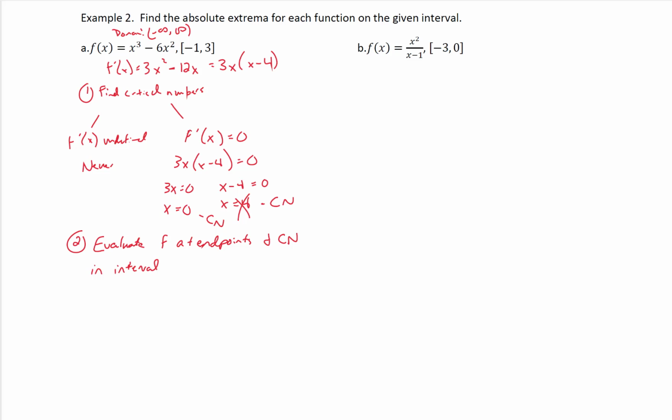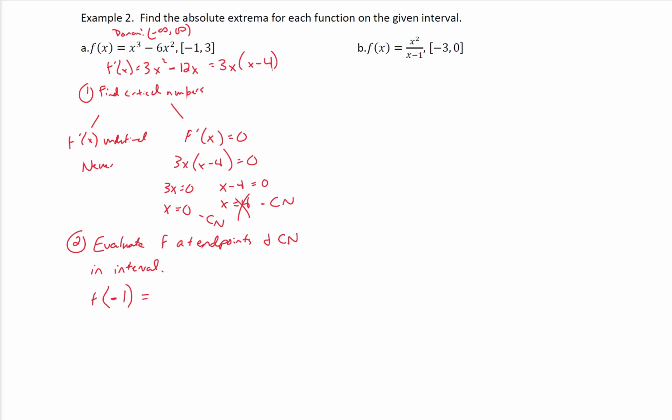If you did that, you're just going to be doing extra work that you don't need to do. It's going to slow you down, make you take longer on the test, possibly not get it turned in on time, right? So you want to make sure that you're only evaluating the endpoints and the critical numbers in the interval.